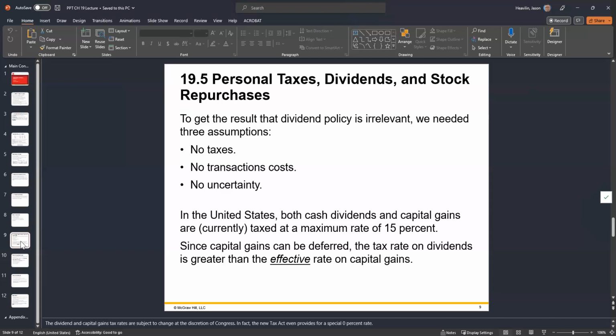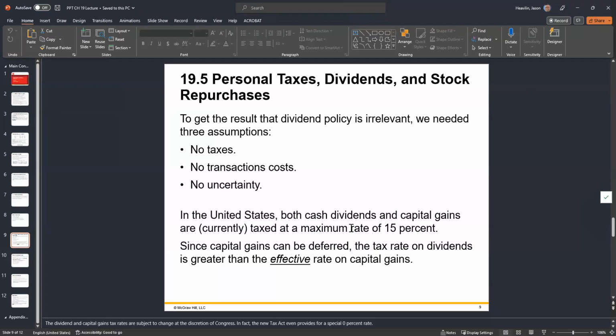But because cash dividends get taxed differently than capital gains, now we have a difference on the end result after everything is said and done when you pay cash dividends versus, let's say, stock repurchases. As you see here in the United States, both cash dividends and capital gains are taxed at a maximum rate of 15%.